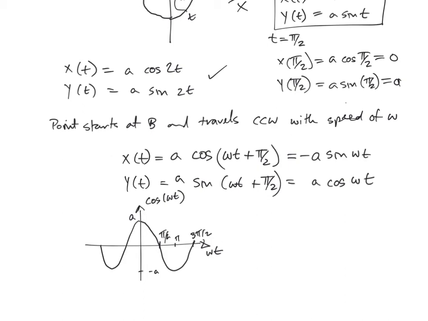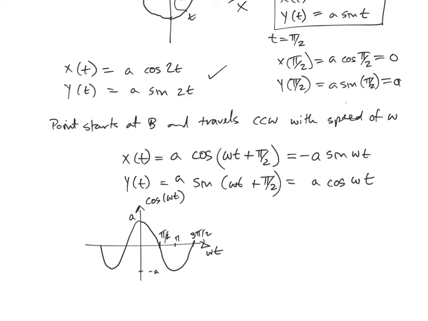If I now introduce to this cos omega t a phase shift of plus pi by 2, the way I remember that is I grab that cos with my two hands like this. Okay? So your right hand would be somewhere on the positive omega t axis. Your left hand would be somewhere on the negative omega t axis.